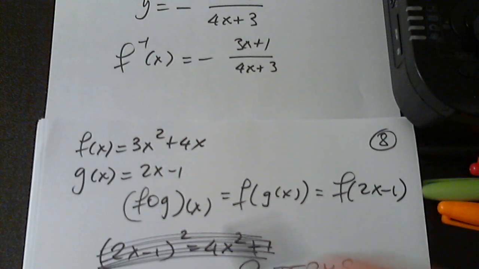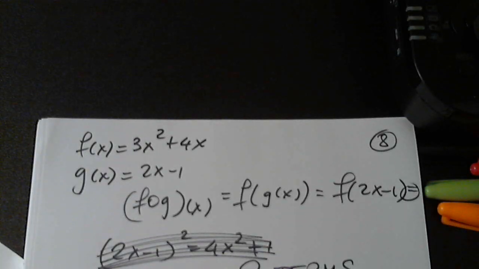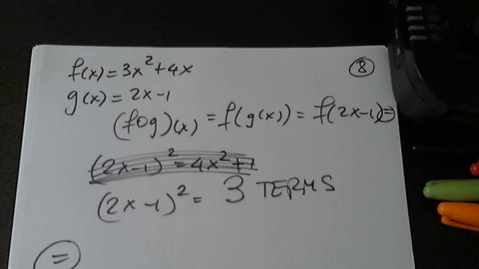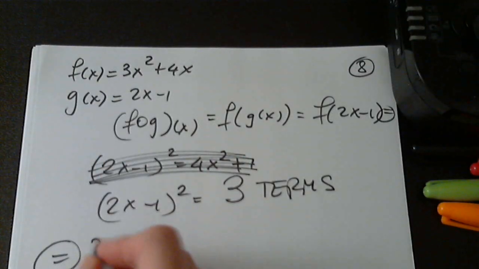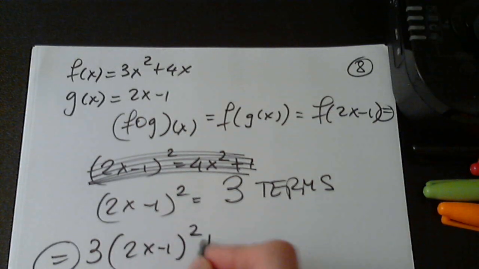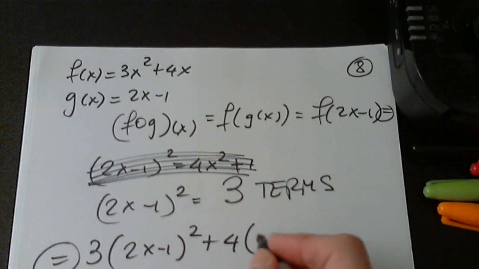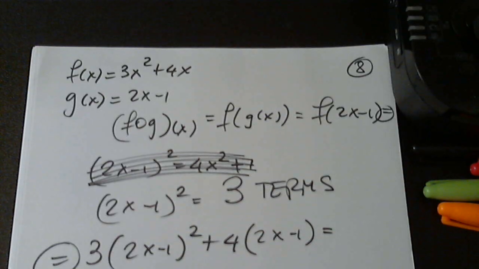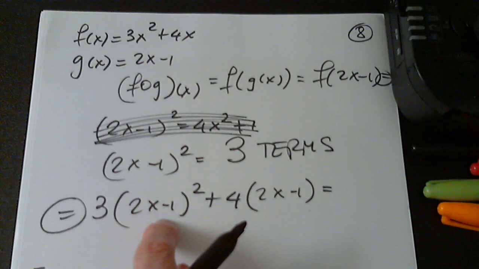Okay, so let's find f cum g. So f is 3 times the inner function squared plus 4 times the inner function. So we have to square this.